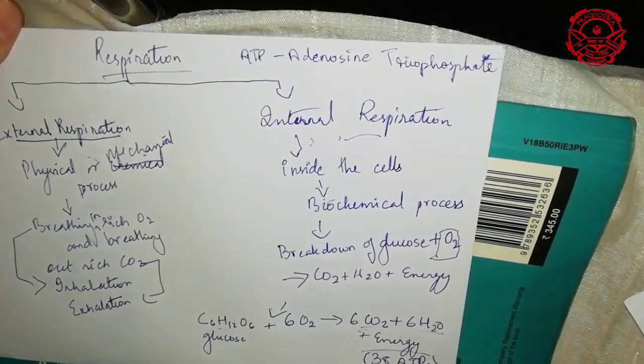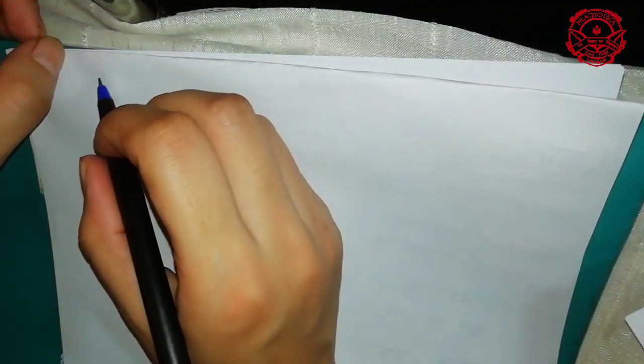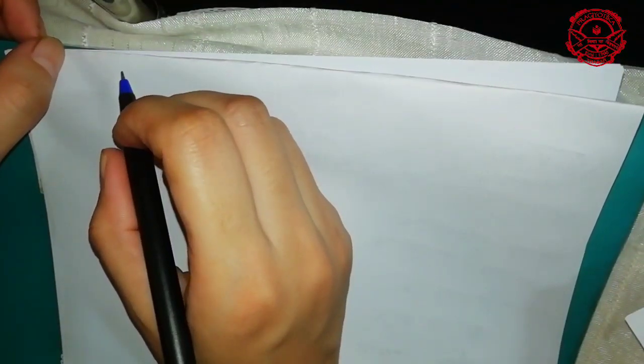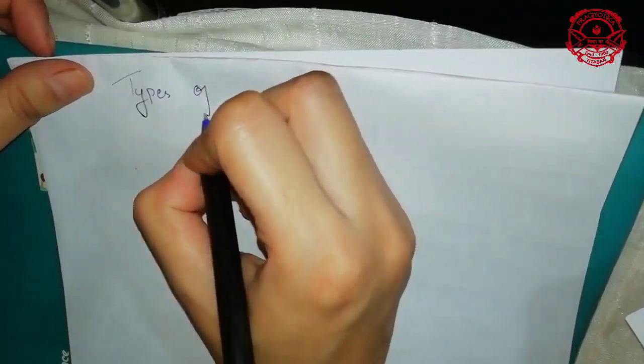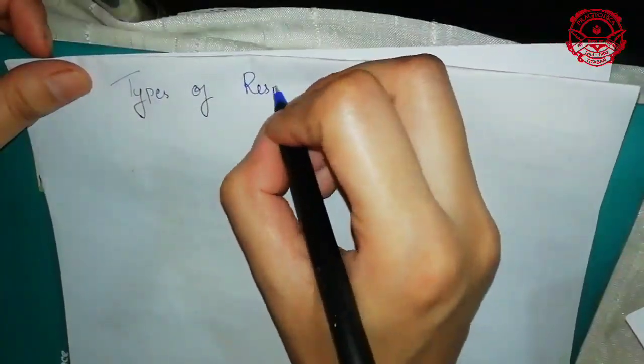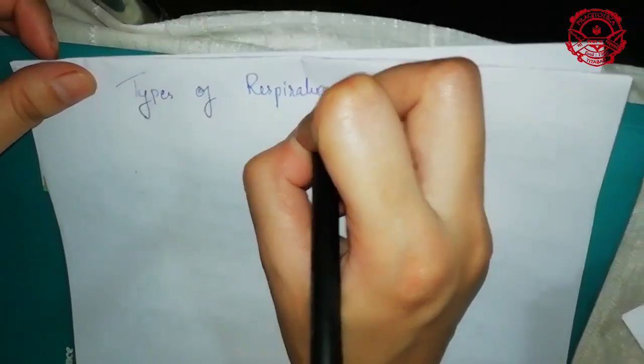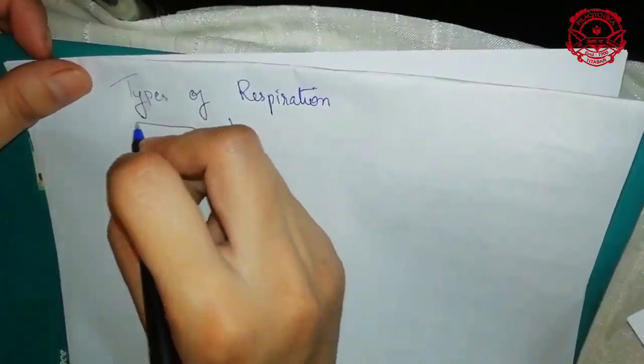Next, where does this respiration mainly take place? It mainly takes place in the cytoplasm and also partially in the mitochondria. Now we have already discussed the different stages of respiration. Now we'll discuss the types of respiration. There are two types.